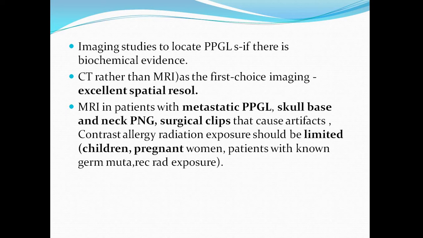Imaging studies to locate the pheos and the paragangliomas, if there is biochemical evidence. So CT first. Why? Because of excellent spatial resolution. MRI is used in patients with metastatic PPGL, skull base and neck PGL, surgical clips which could cause artifacts, allergy to contrast, in people in whom radiation exposure should be limited, with known germline mutations, and recent radiation exposure.